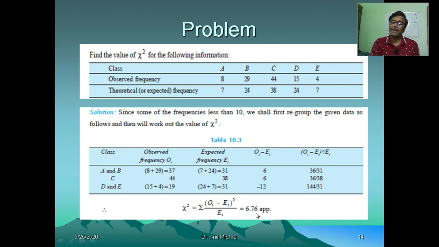Then we compare the calculated value with the critical value. Here the degrees of freedom is 5 minus 1, that is 4 degrees of freedom, at the 5% level of significance. Comparing the values, if the calculated value is more than the critical value, then it is highly significant, otherwise it is less significant. As you know, if it is highly significant, we reject the null hypothesis, otherwise we accept it.